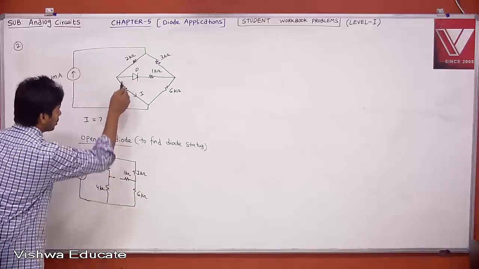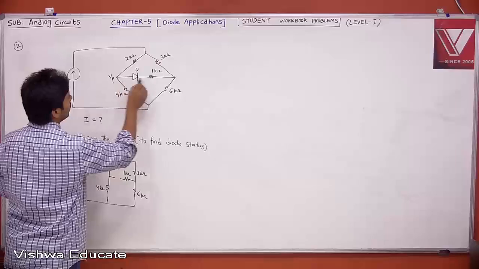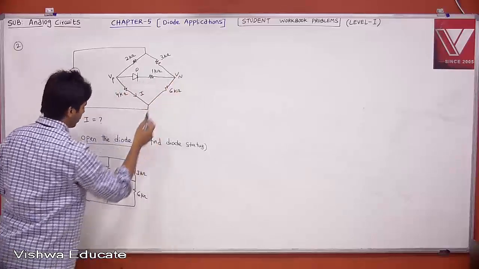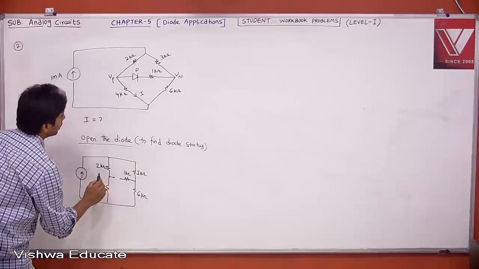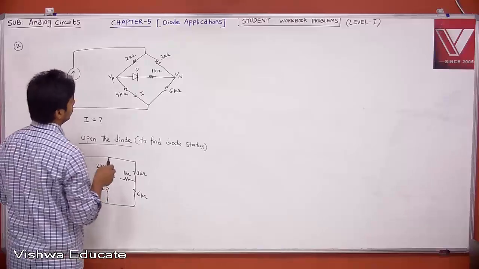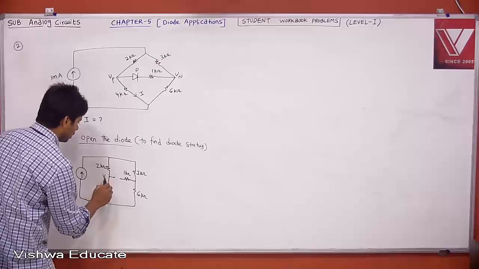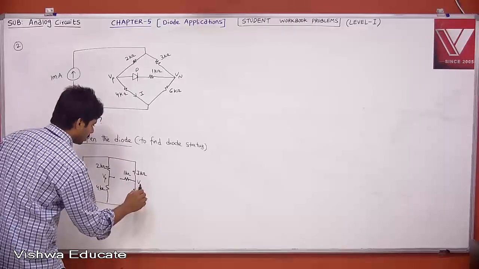Let me call this VP voltage, diode is connected to P, and this is your VN. This is your VP, and this is your VN.